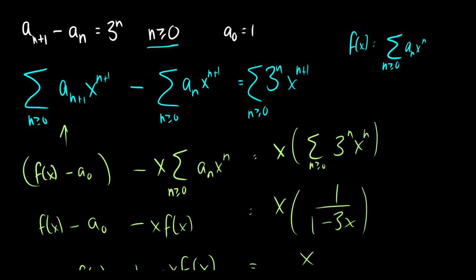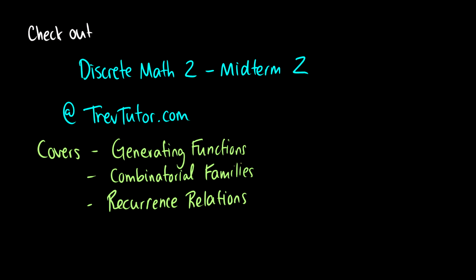So that was the setup for that one. And because now we're done, we've done all the material up to my mock midterm 2. So if you check out Discrete Math 2, midterm 2 at TrevTutor.com, it covers generating functions, combinatorial families, and recurrence relations. This is an almost real midterm taken from a real university.